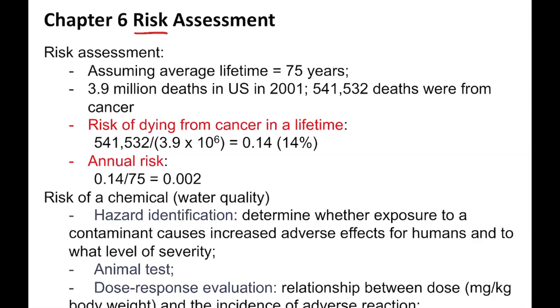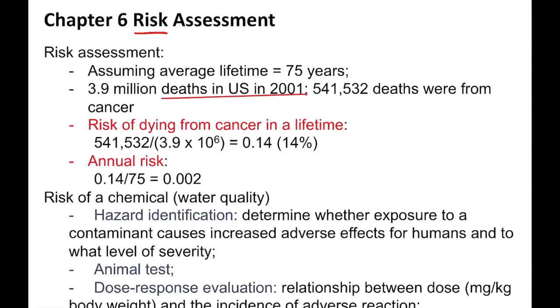So there's a simple way to calculate or evaluate the risk. For example, if we want to evaluate the risk of cancer, we have to rely on data regarding the deaths caused by cancer. For example, here it's using the data for the death number in the U.S. in 2001.